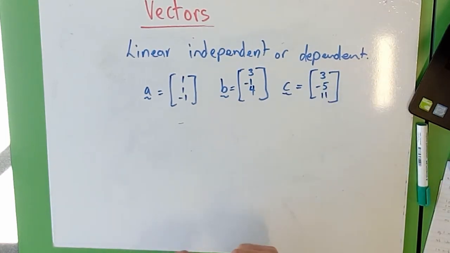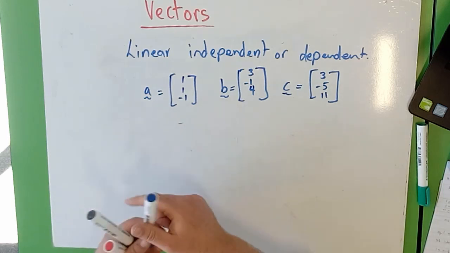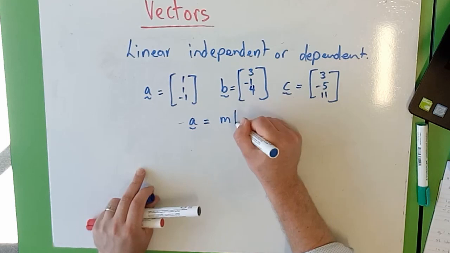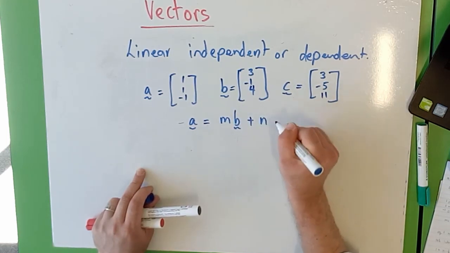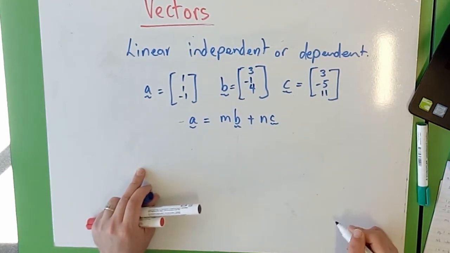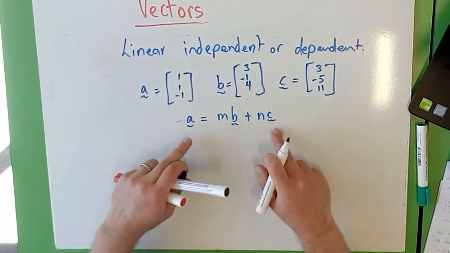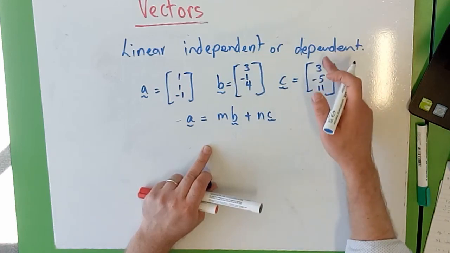Can A be written as a scalar multiple of B plus a scalar multiple of C? Are they dependent or independent? If you can't do it, then they're independent. If you can do it, then they're dependent.